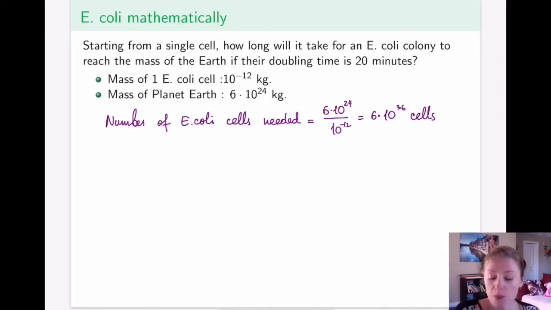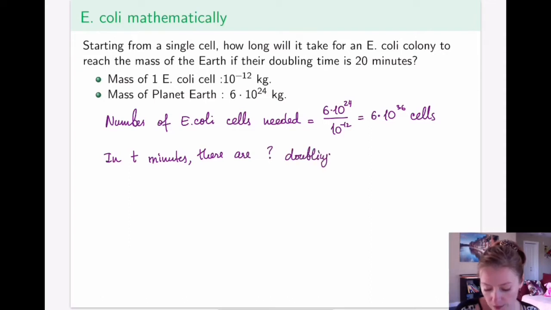Now, let's think about how they actually multiply or double. They double every 20 minutes. So what is going to happen in t minutes? How many doublings will have occurred in t minutes? Let's think about numbers. In 20 minutes, there's 1 doubling.